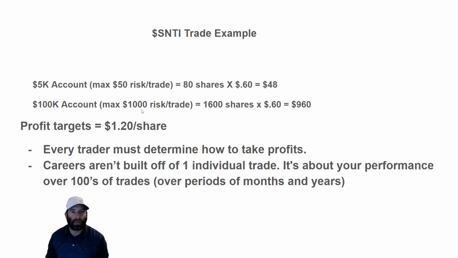So let's show you a real world example. I'm going to show you this chart, SNTI, that we traded a couple weeks ago. And let's just say for this example that we have a $5,000 account.